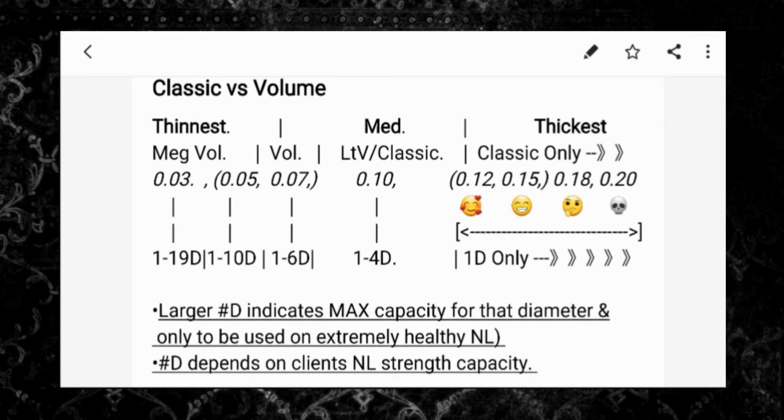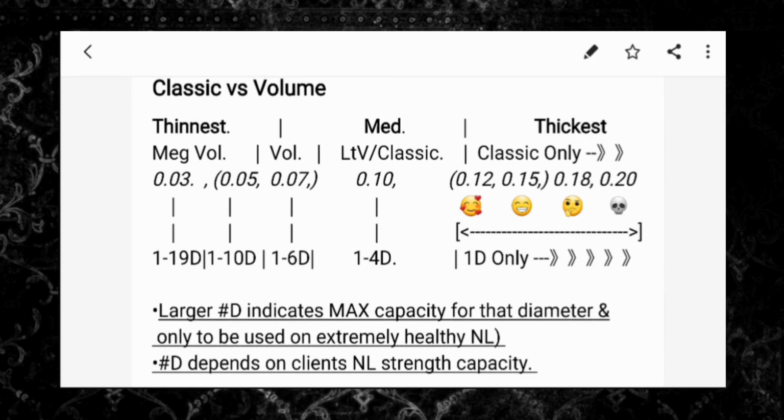There's a little note on the bottom right. It says the D stands for the dimension. The larger number, like the 19D, indicates the max capacity for that diameter, and it's only to be used on extremely healthy natural lashes.